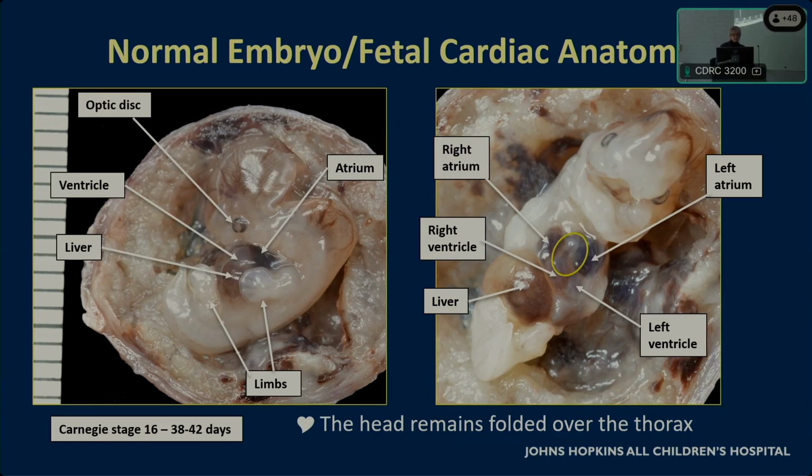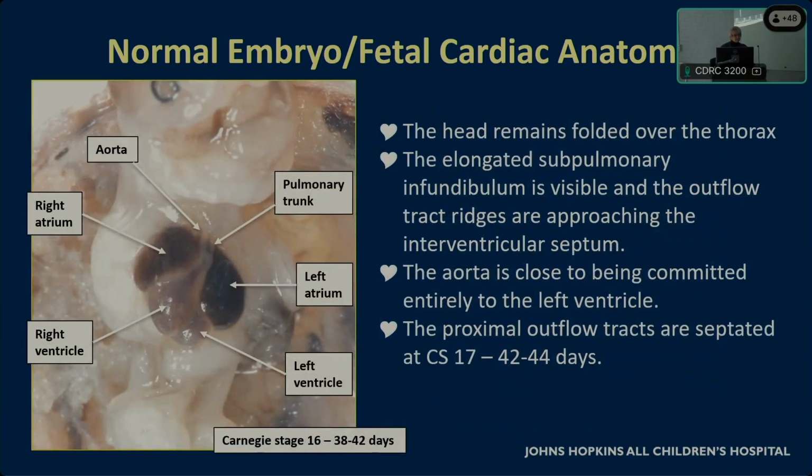Here you can see the subpulmonary outflow tract beginning to form so that the aorta is not yet in the left ventricle. And when we look at this same embryo a bit closer, at this stage, as I said, the head is still folded over the thorax, and you can see that elongated subpulmonary outflow tract.